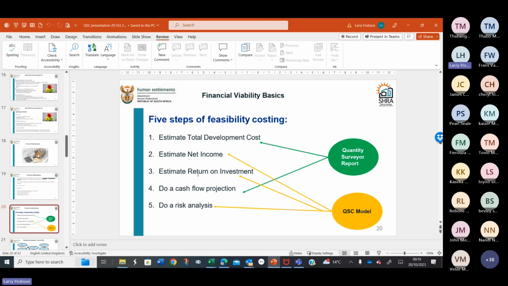Then we've got to look at our return on investment, which is calculated within the QuickScan C model. We also need to do a risk analysis. I'm not sure if that comes from the QuickScan C model, but we need to have a risk assessment for each project as well.